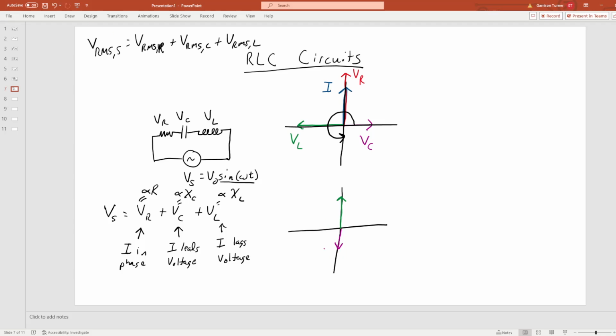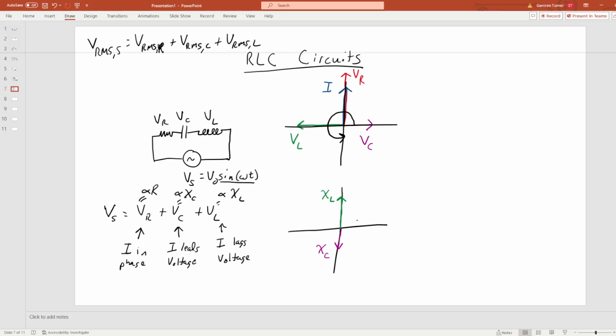So this is going to now be chi sub C. This is going to be chi sub L. And our current and resistor are going to be along the so-called x-axis.